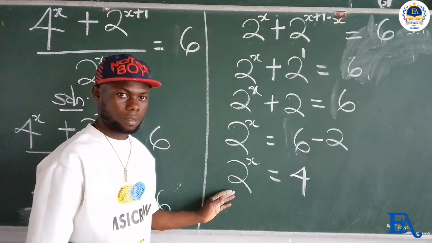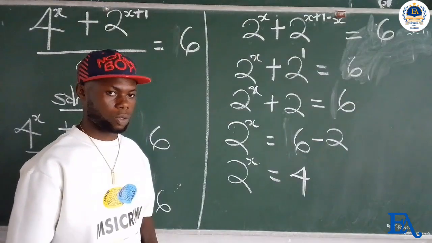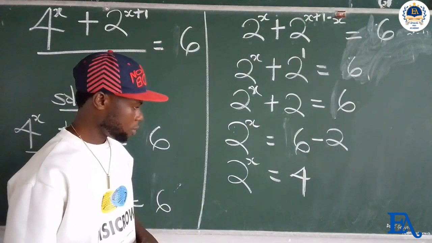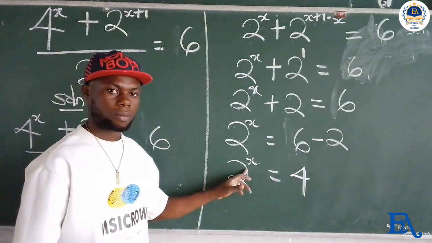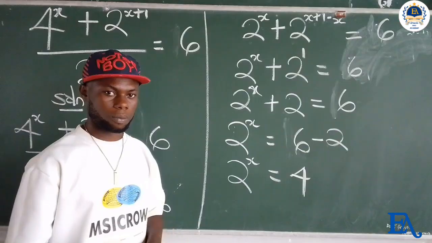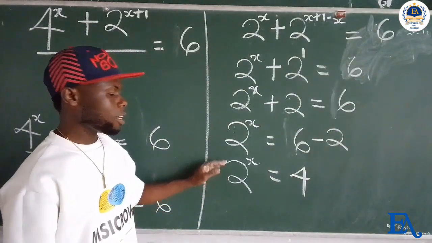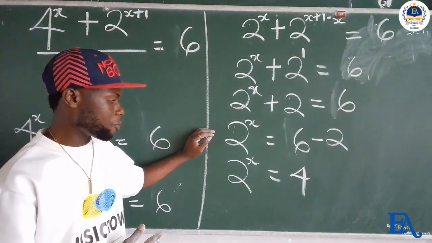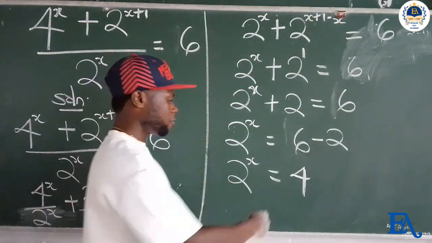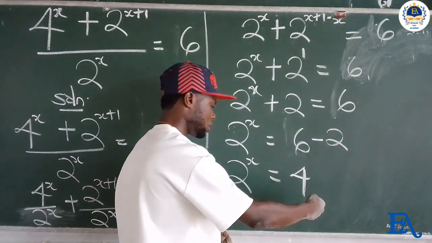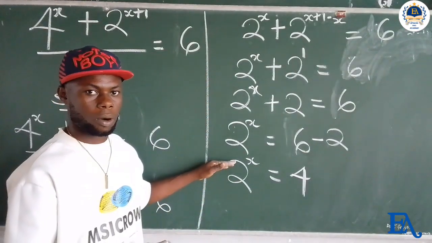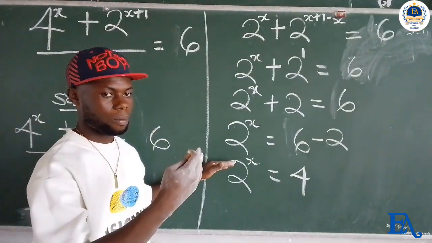At this point, the left hand side of the equation is written in their power form or index form, that is 2 raised to the power of x, while the right hand side is not written in its index form. To get the final solution to this, we have to compare the left to the right by making the 4, which is in the right hand side, to also be in its index form or written in their power form.